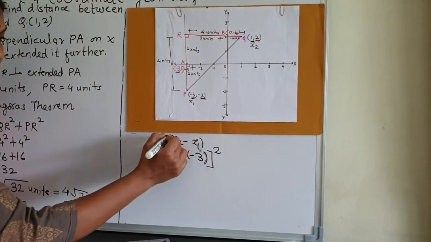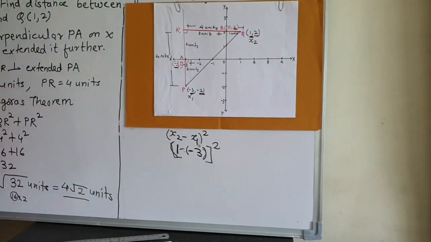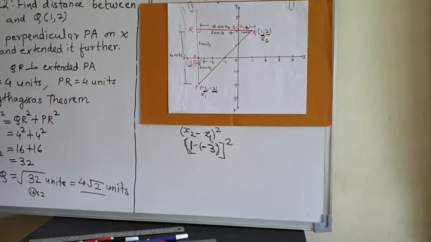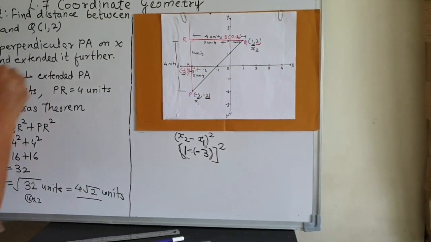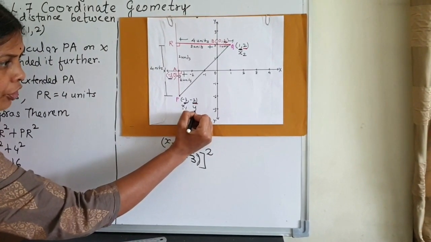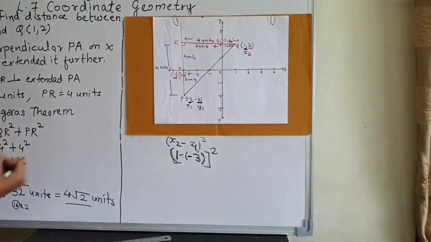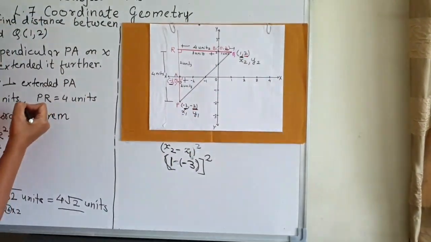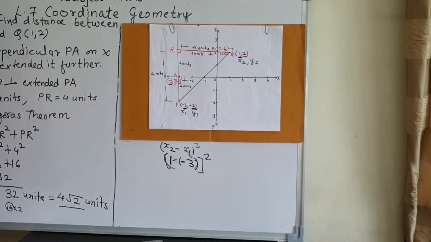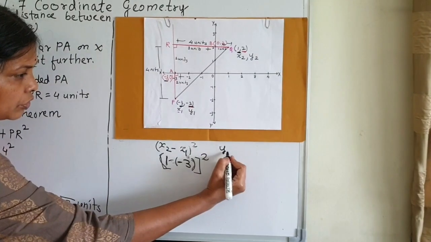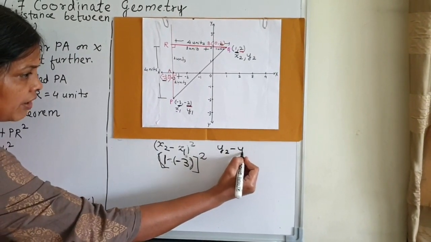Now y coordinates of these points. As this is x1, its corresponding y coordinate is y1 and its corresponding y coordinate is y2. So here again the same process, that is y2 minus y1.